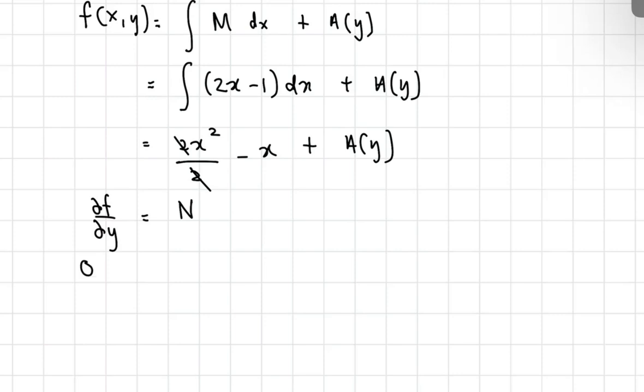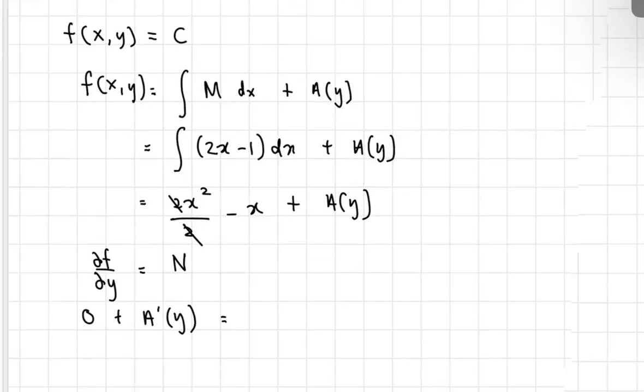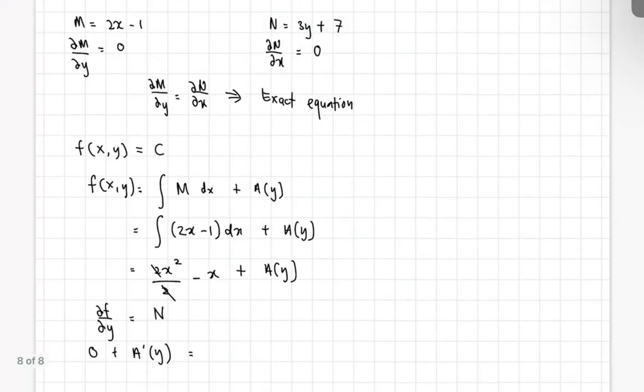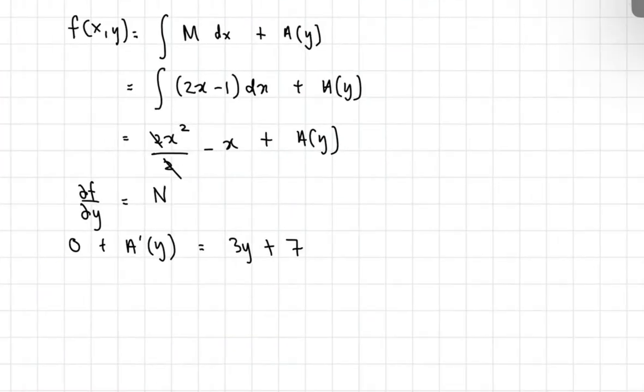Differentiating minus x, also 0. Differentiating A(y), we get A prime of y. This must equal N, and our N is 3y plus 7. So we have A prime of y equal to 3y plus 7.